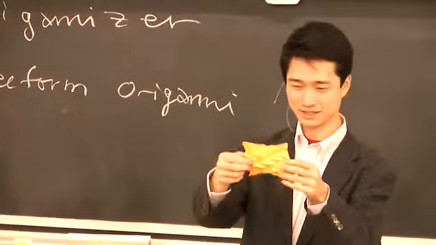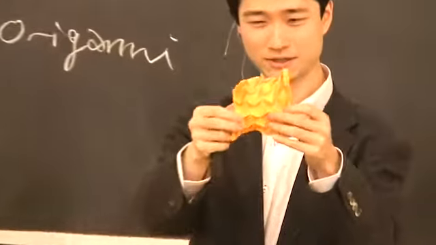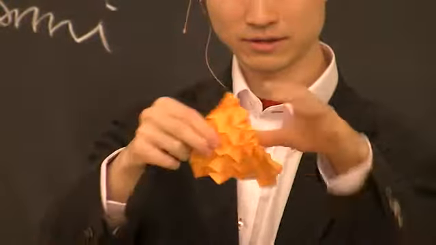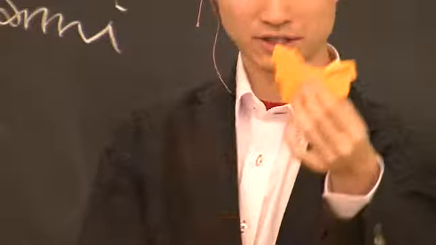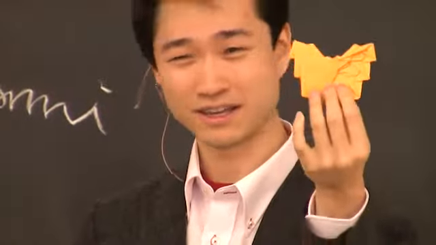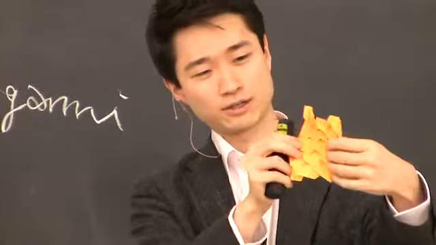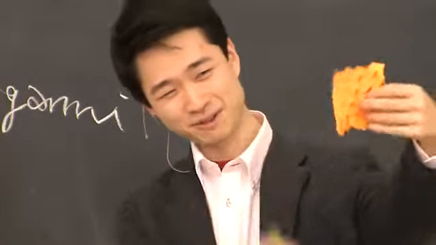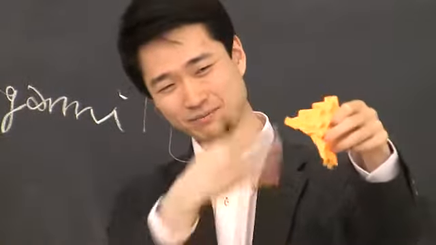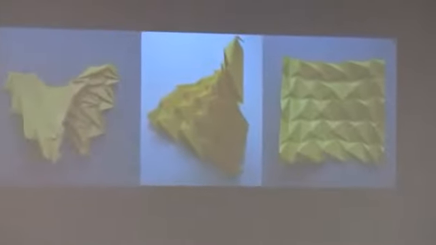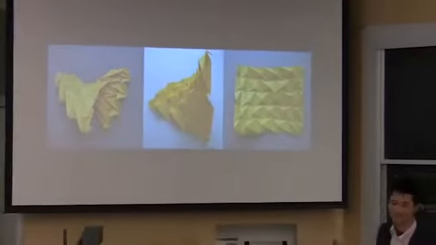So this is the pattern, and you fold it into a kind of butterfly shape, and it forms a hyperbolic paraboloidal shape. It's a saddle shape. So this is another way to make a hypar in paper, and this exists.